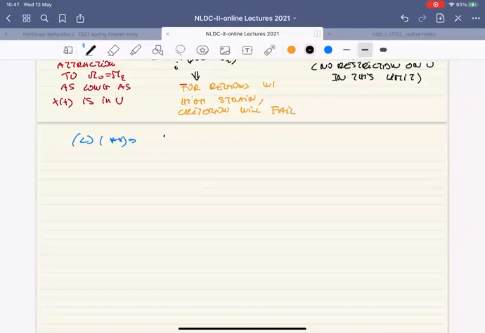So 1/2 d by dt of the Z norm squared is greater than or equal to, now I do a lower estimate, lambda min of the same matrix, which is mu. And I remember that it's only the symmetric part that matters.